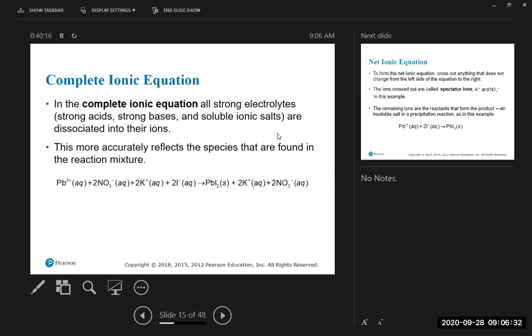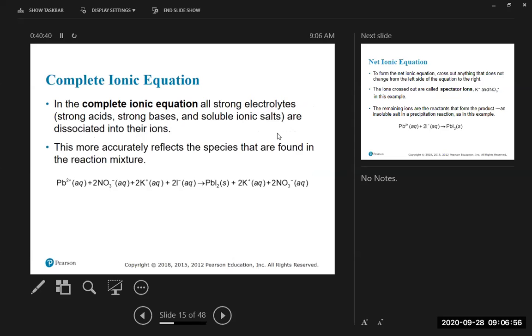So if we go back and look at this again, we see we have 2 NO3 minus on the left. We see we have 2 NO3 minus on the right. So there, that's a spectator ion because it's really not changing or doing anything. Same with the potassium. We have 2 of those on the left and 2 of those on the right.